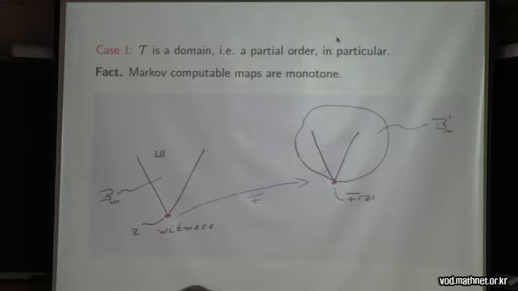I said the domain is in particular a partial order. So in that case, remember the case of the partial functions, we had the finite functions and all the functions that are above it, so the graph of the function is above the graph of the finite function. That holds in general for the basic open sets in domains. Now we can show that Markov computable maps are in particular monotone.